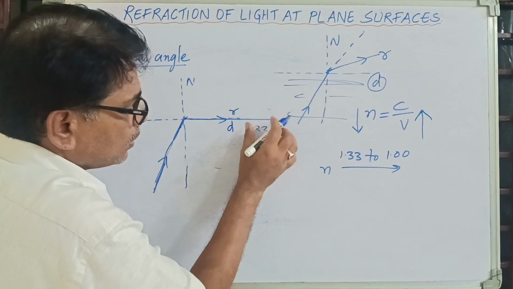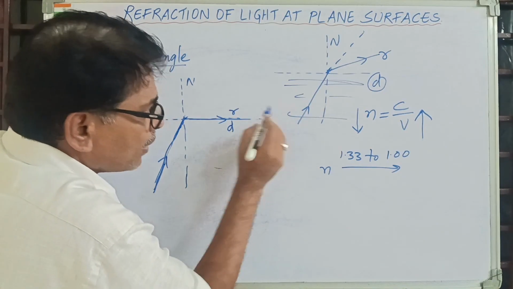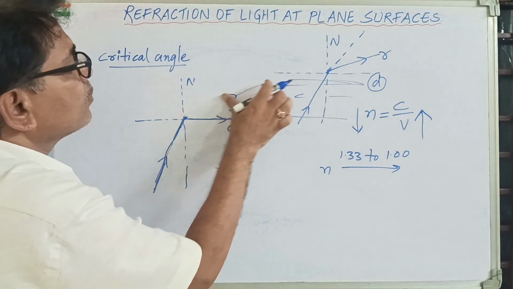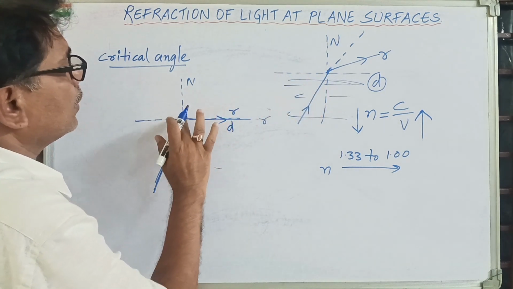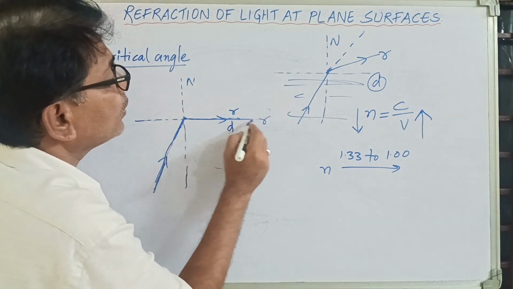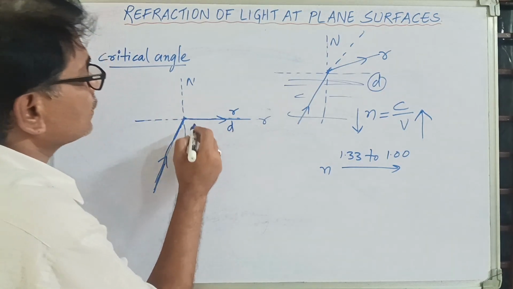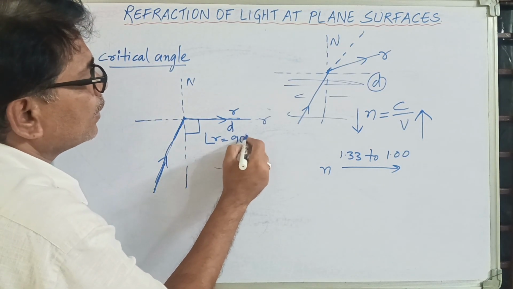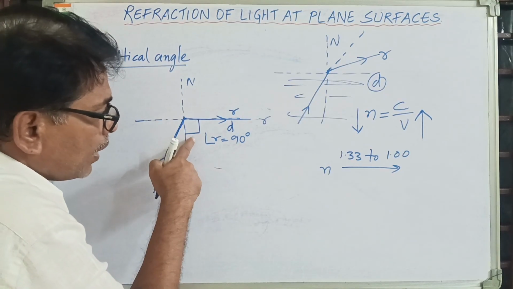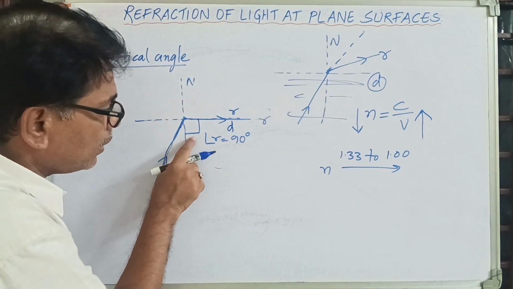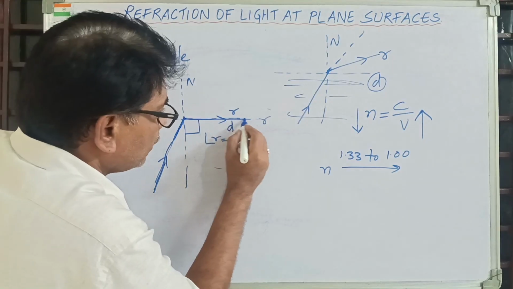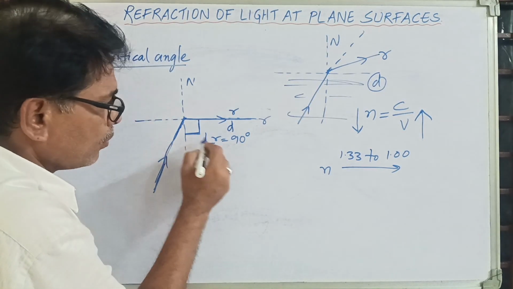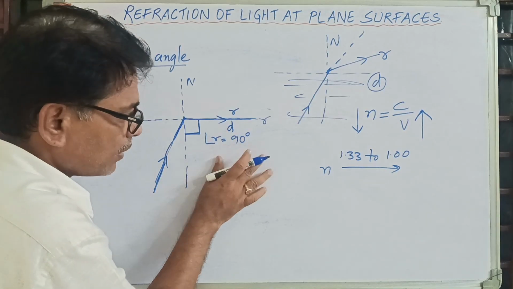Instead of going into the rarer medium like this, it is no more going. See, I am showing you very clearly. It is traveling along the interface, and I got an angle of refraction of how much? 90 degrees. How will I get 90? If the ray travels along the interface, I will get an angle of 90 over here, which is the angle of refraction.